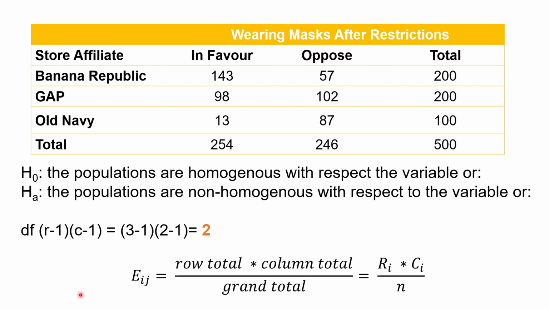So, of course, we've got our expected value calculation to do here. And remember, that calculation is the row total, so 200, times the column total, 254, divided by the grand total, which is our n of 500. And we can also go through the assumptions. Of course, you have to calculate your expected values before you can check those assumptions.